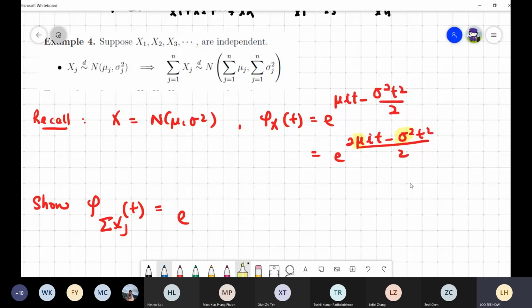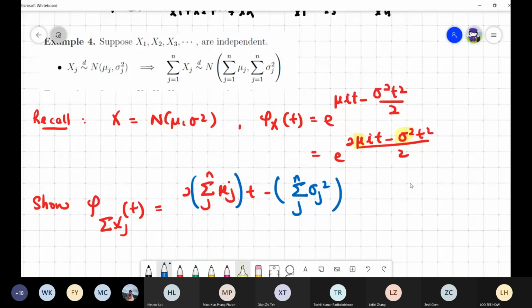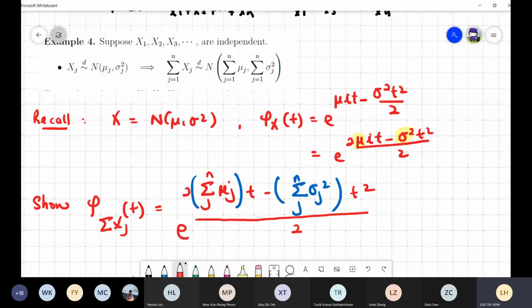We want to show this is equal to e to the power of i times the sum of mu j times t, minus the sum of sigma j square times t square over 2. So this is what we want to prove.